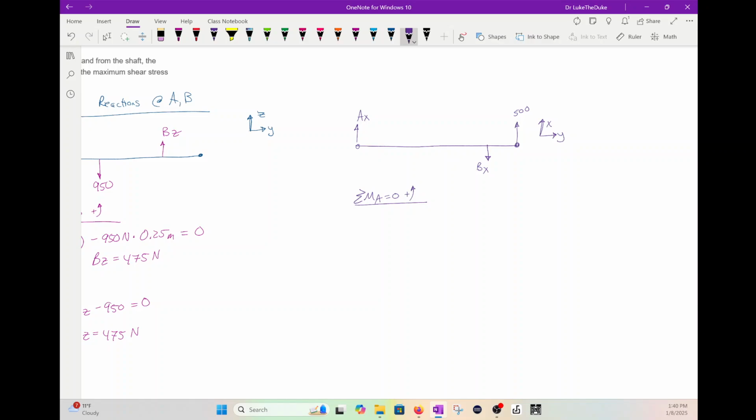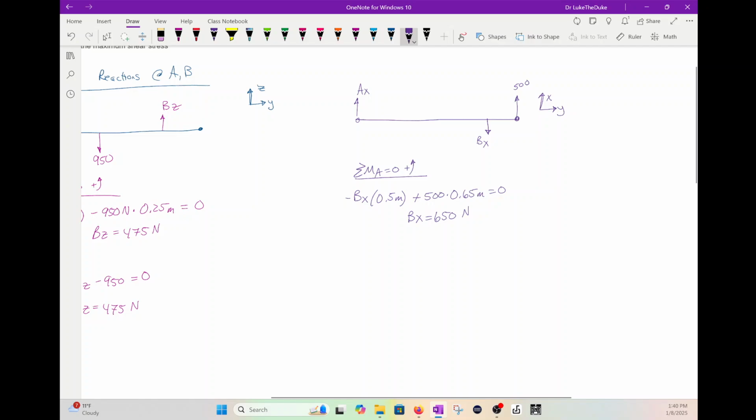So this way we're going around the Z-axis now. Negative BX times 0.5 meters plus 500 times 0.65 meters equals 0. BX equals 650 newtons. We can sum the forces in the X, set them equal to 0. Up is positive.